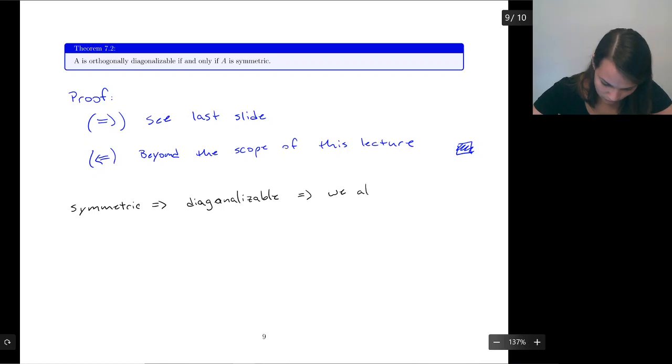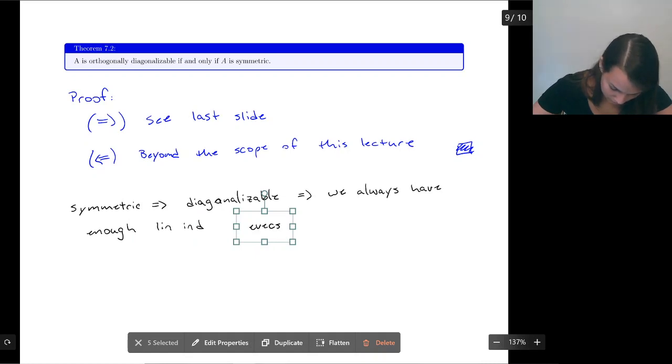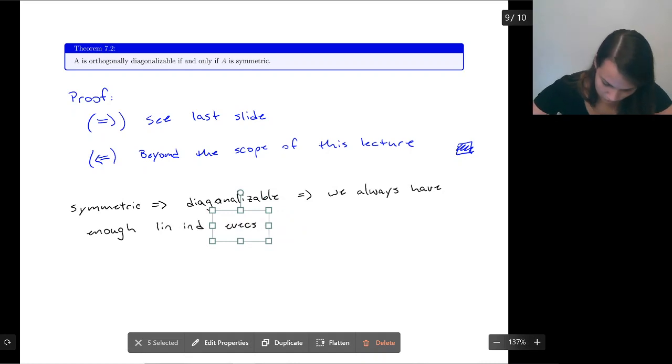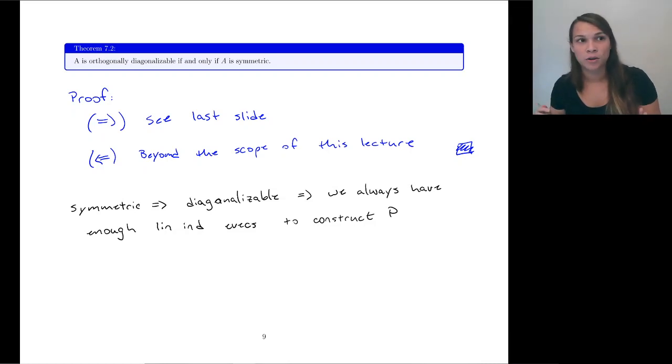We always have enough, or specifically enough linearly independent, eigenvectors to construct that matrix P. Remember, we had a problem before where we had an eigenvalue with a multiplicity problem.